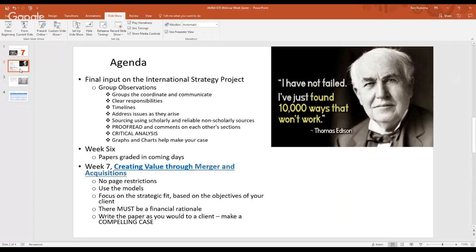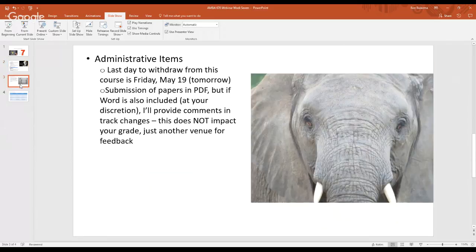You have to make the case. Make a compelling case. The only factor does not have to be the financial rationale, but you have to show that this will be part of the strategic fit for my firm. So please, please give that some serious thought. Make a compelling case. As always, if you've got any further questions on that, you're welcome to contact me via email, phone, or online in the Ask the Professor section.